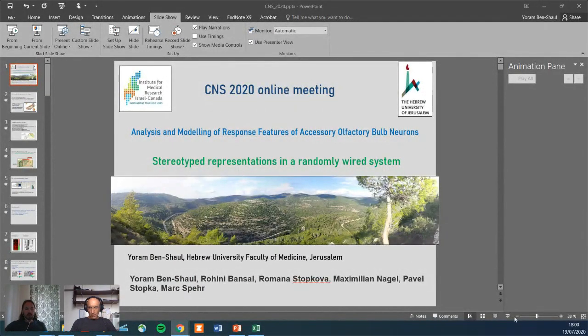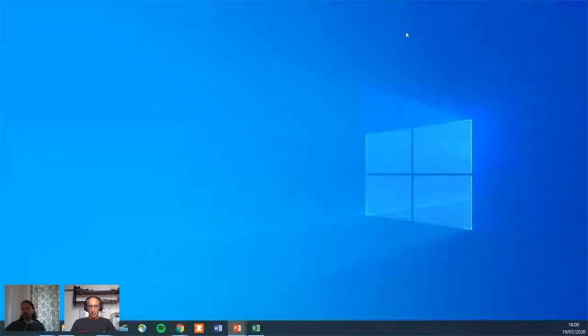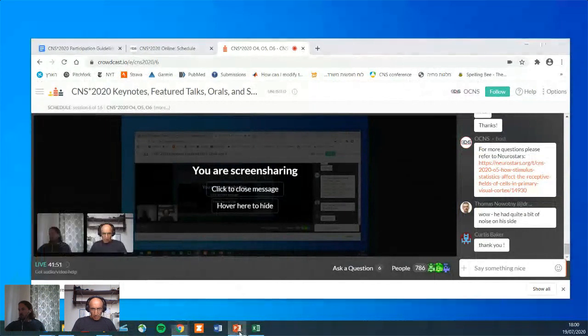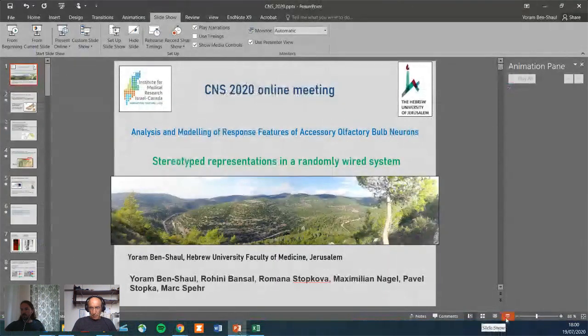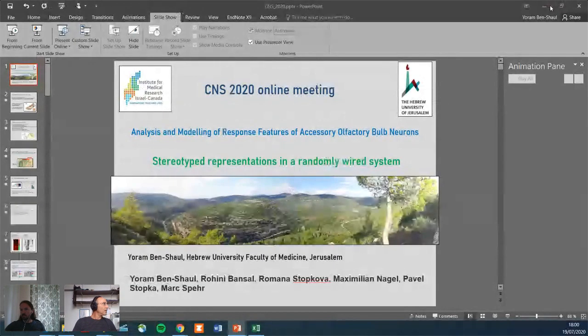We can see the slides, but once you go full screen mode, we'll see your mode instead of the standard mode.